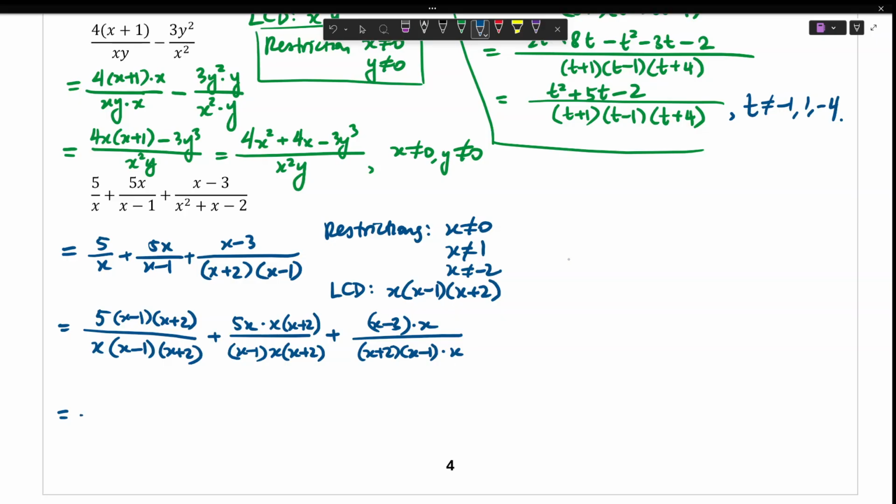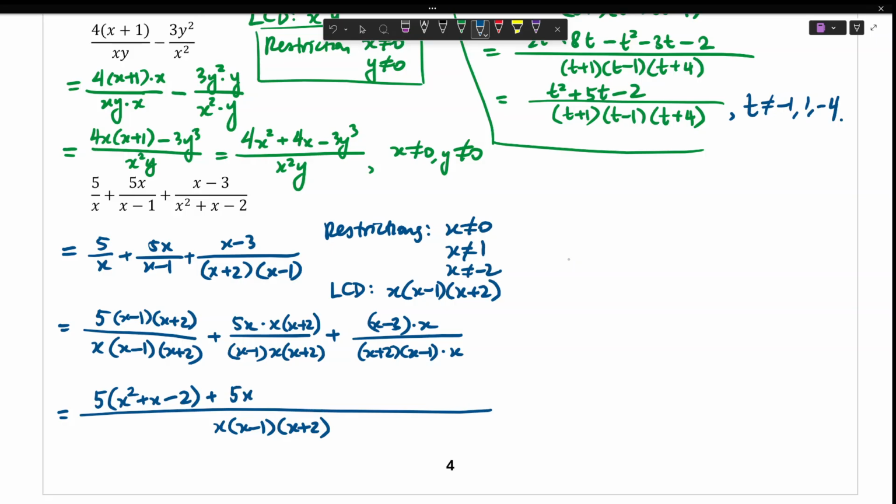Okay, so on the bottom, we're going to have common denominator as planned, x times x minus 1 times x plus 2. And on the top, we have a bunch of things that we need to expand and simplify. Here I'm going to take the liberty of multiplying these ones first, just because I think that's personally a little bit easier. So it's 5 times x squared plus x minus 2.